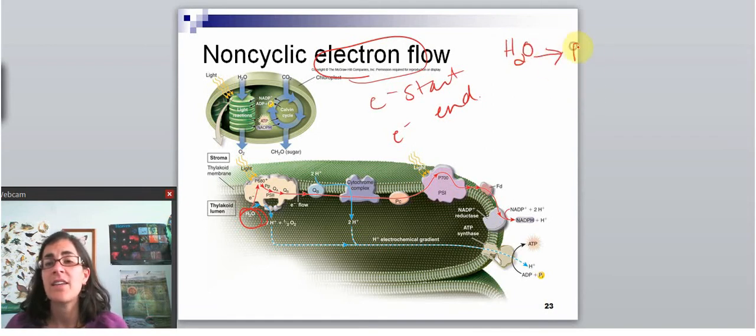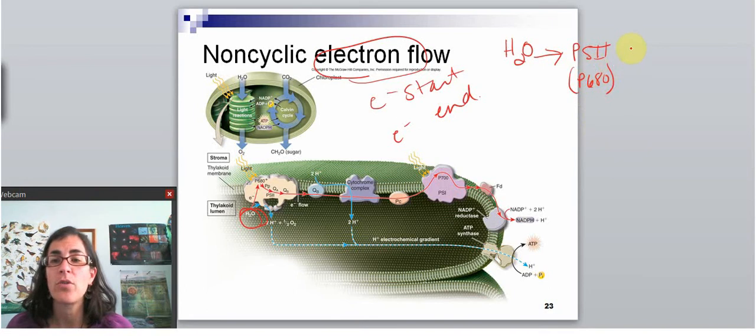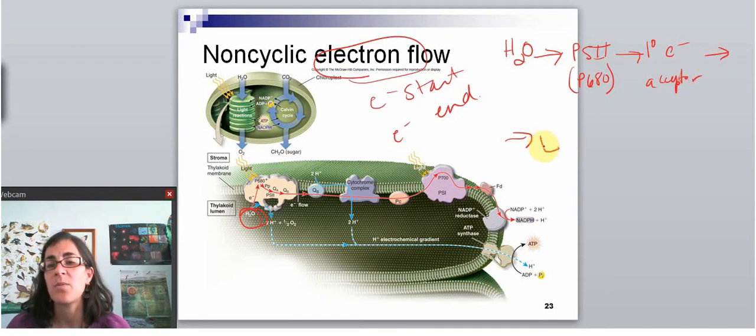So really, the electron starts in water. That electron is then given to PS2, and that's the P680 inside of PS2, because it has to fill that electron hole in P680. It's then passed to a primary electron acceptor. The primary electron acceptor passes it to the electron transport chain. It goes down the electron transport chain, and then the electron eventually lands in PS1.